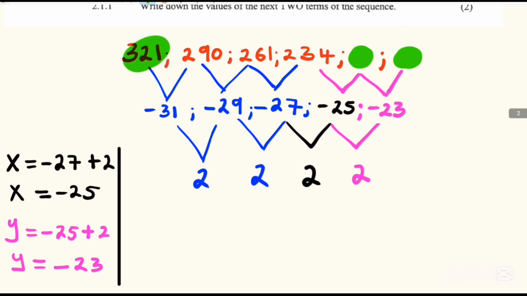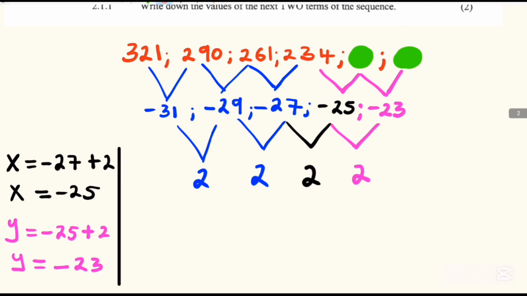321 plus the negative 31 will give us 290, and 261 plus the negative 27 will give us 234. We expect that 234 plus the negative 25 will give us the term number 5 that we are looking for.